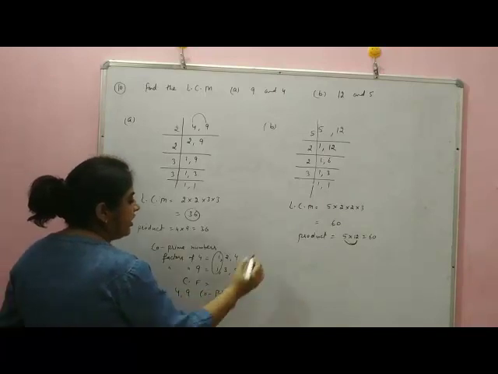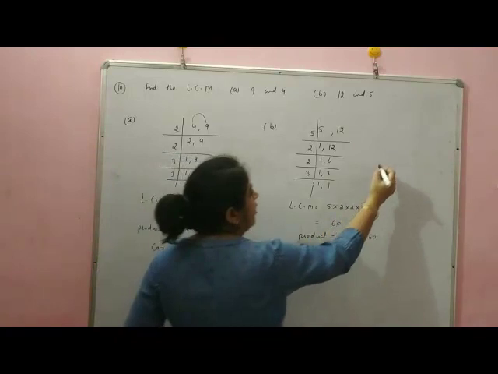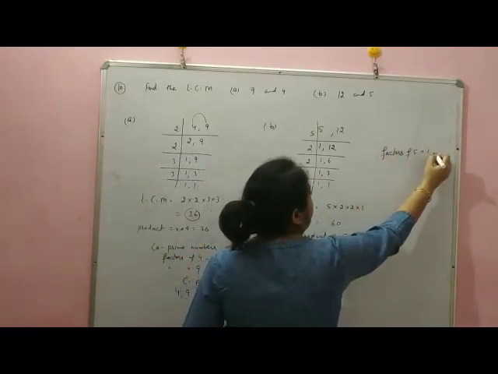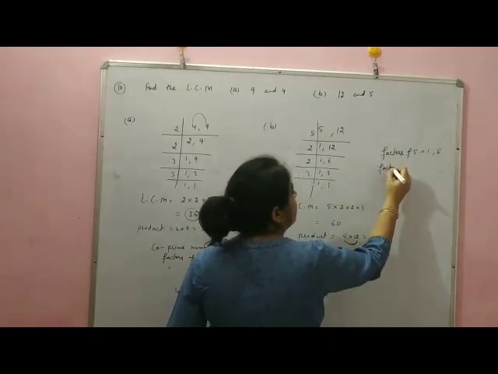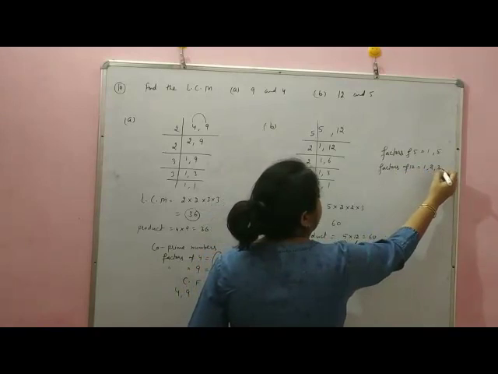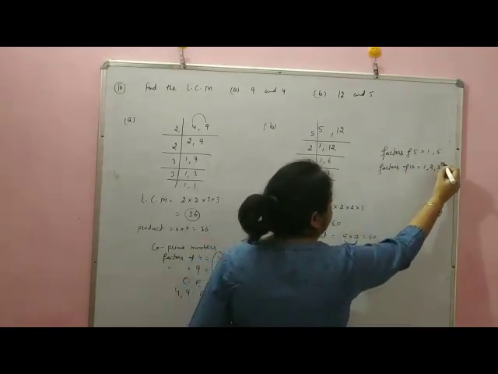In the same way, when you observe 5 and 12, what are the factors of 5? 1 and 5. What are the factors of 12? 1, 2, 3, 6, 12, also 4.